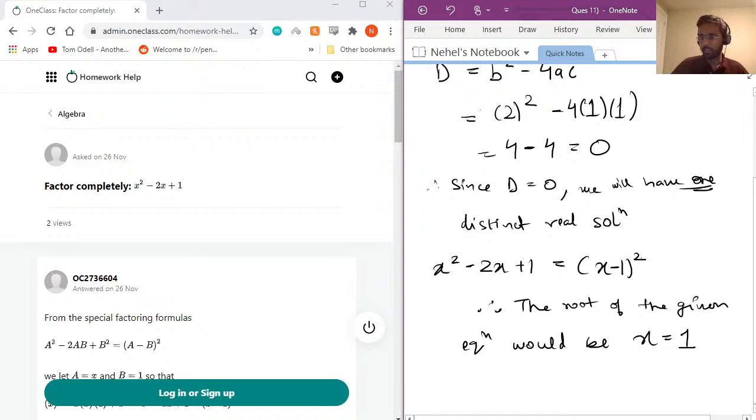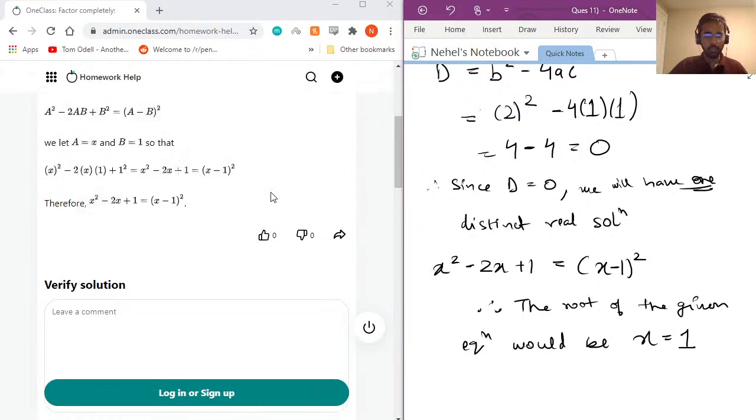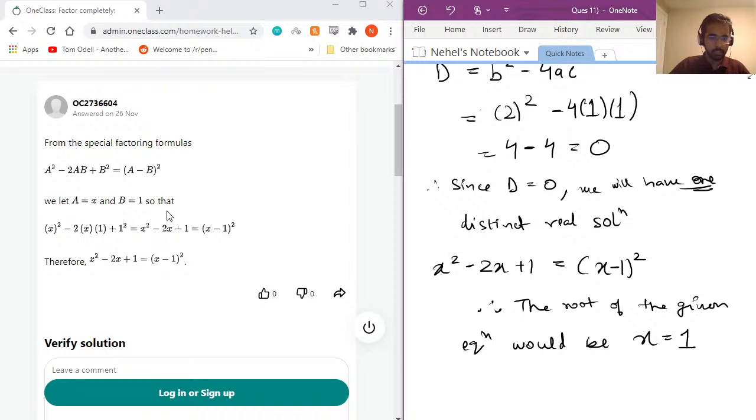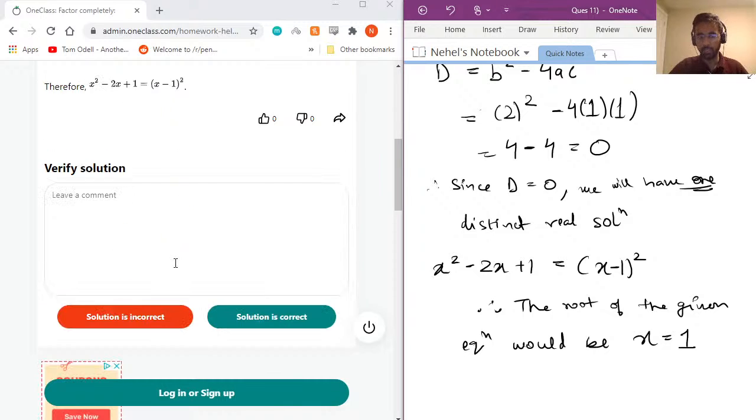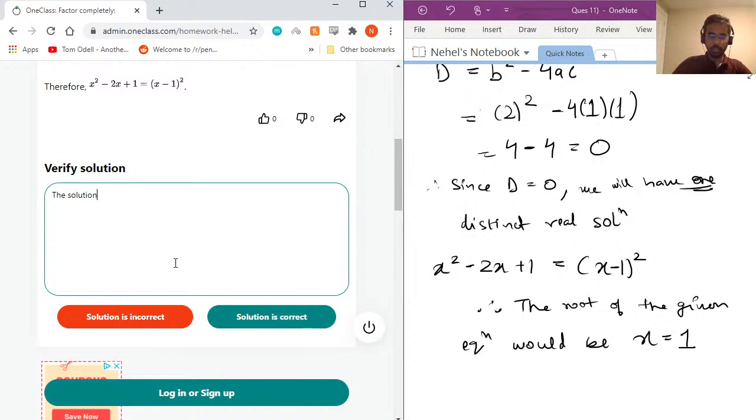So if we were to set this equal to 0, that will only be 0 for x equal to 1. The question doesn't really ask for it, so we have just factored it and said (x minus 1) whole squared is the solution. So this solution is correct.